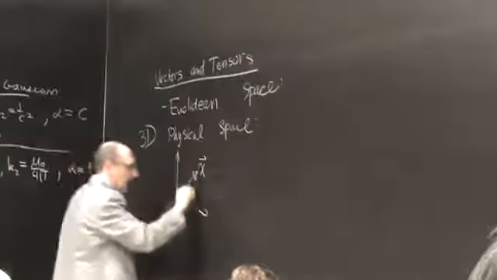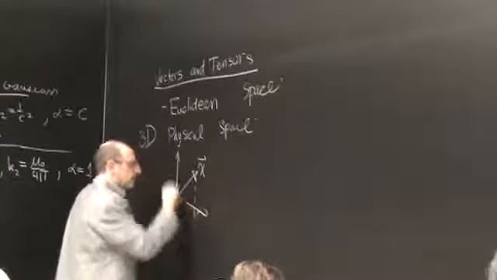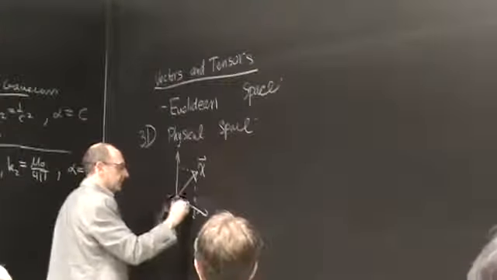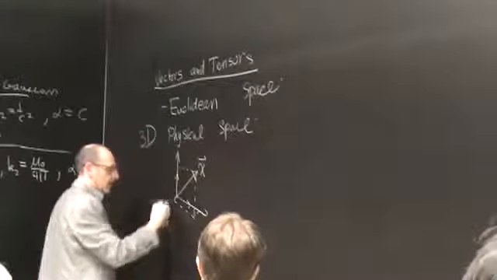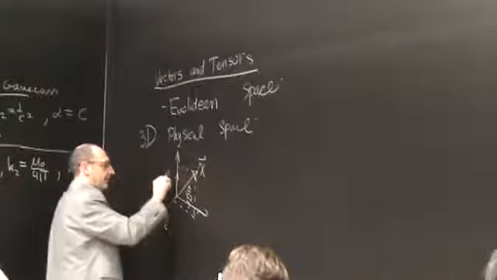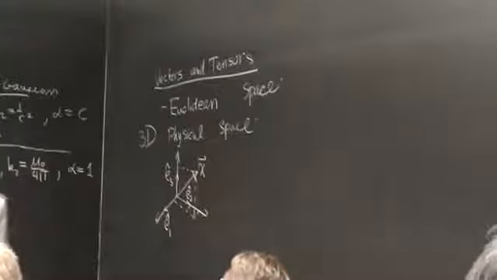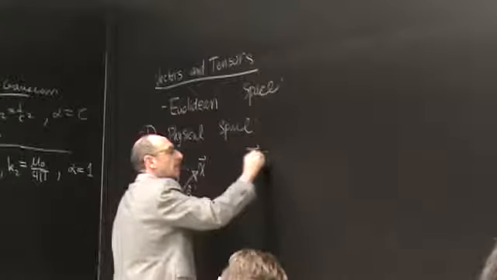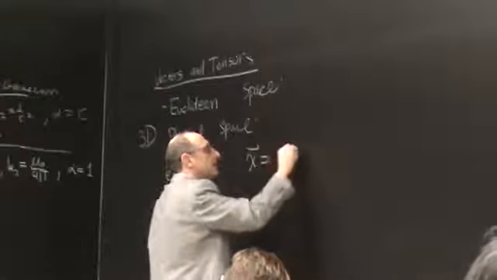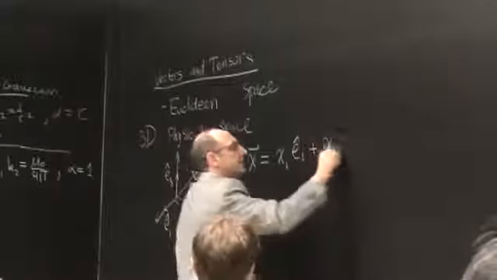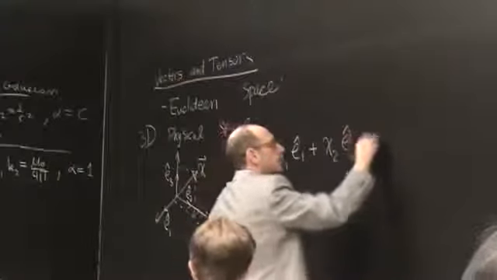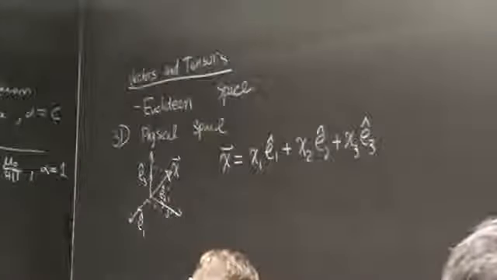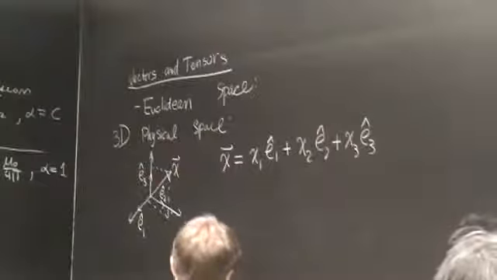And that has some representation in terms of a basis. So we have basis vectors, I'll call e1, e2, and e3. They're unit vectors. And as we will define, because this is a basis, we can expand our position in terms of these basis vectors with coordinates x1, x2, and x3.